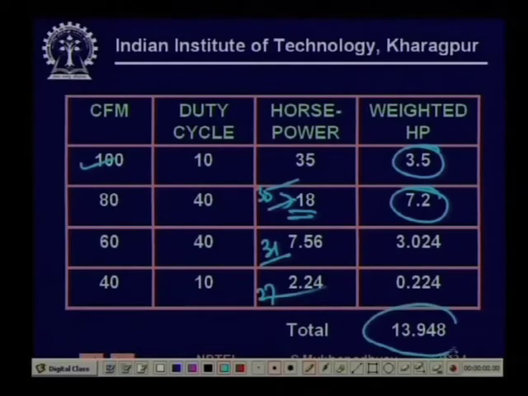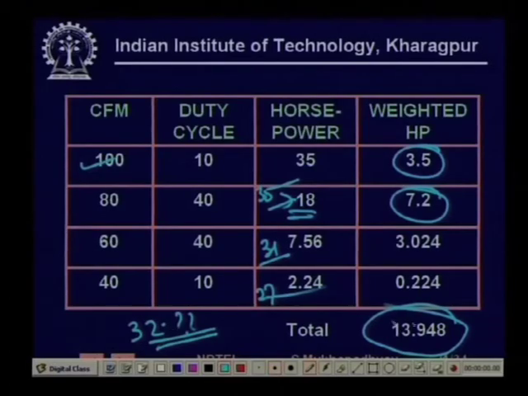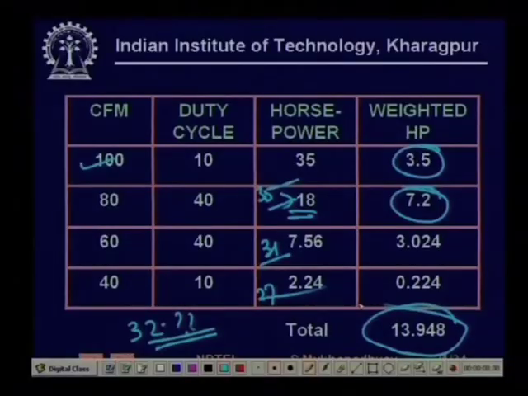So, now the average horsepower requirement is 32, where the previous one was some 32 point something. So, you can imagine what amount of power saving has been achieved, almost 20 horsepower, which is 14 kilowatts, right.